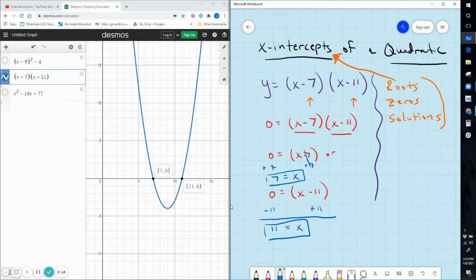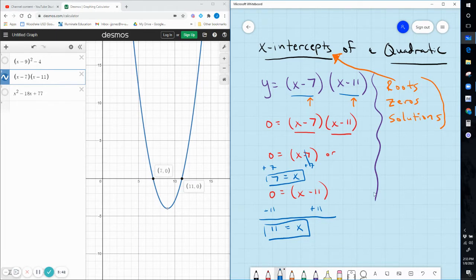One of them is 11 and one of them is 7. And we already knew that because they're the opposites of these, right? So make sure you remember that's the opposites of those in factored form. But all you have to do is set each factor equal to 0, like we did, and then solve, and that's really the way to do it.